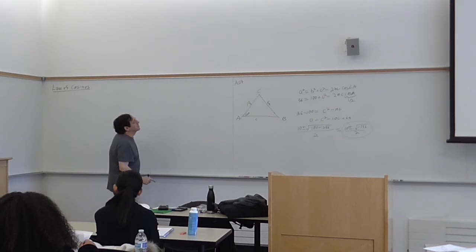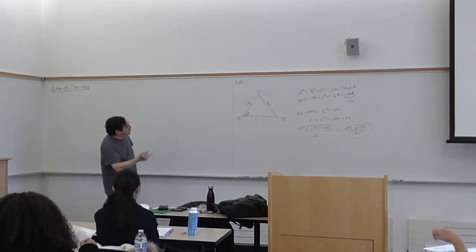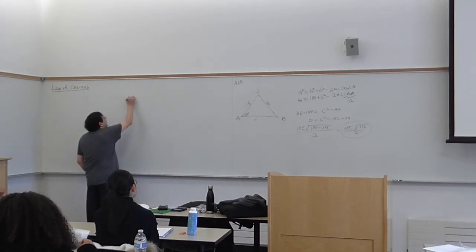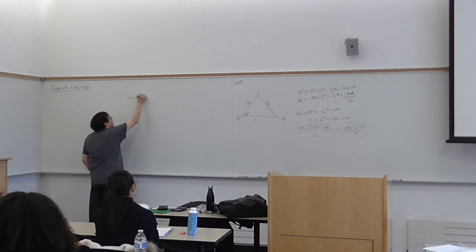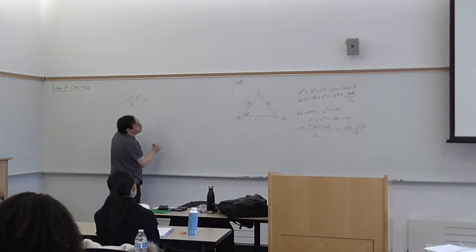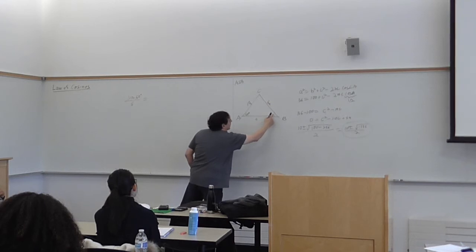Take you up on your interesting idea. Let's use the law of sines, right? So what are we going to have? Sine of 60 degrees over 6 is going to equal, which one? I guess B, right?